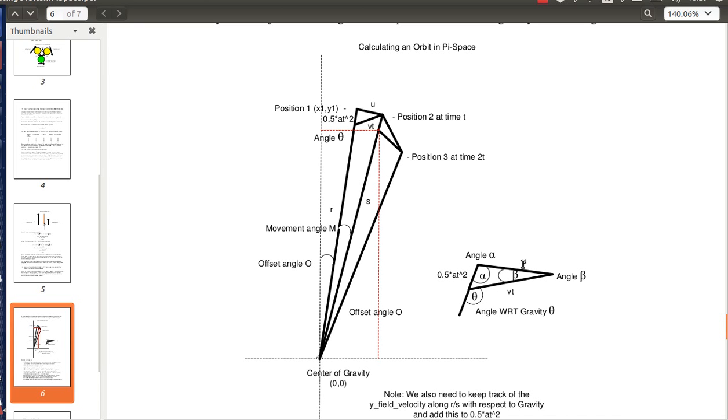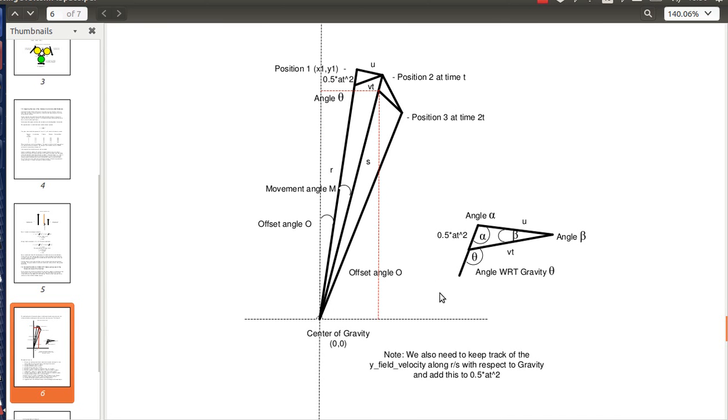It has to calculate the value u, and it has to use the law of cosines, law of sines, and so on to calculate that. The way it also works in the algorithm is it breaks out the x and the y velocities, and it keeps updating those. The v times t x and y velocity stays constant, but this interacts with the field, and therefore you end up with the orbit.